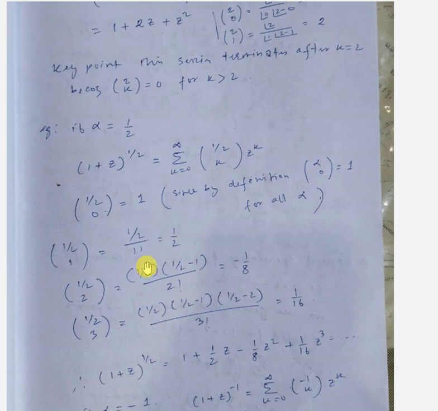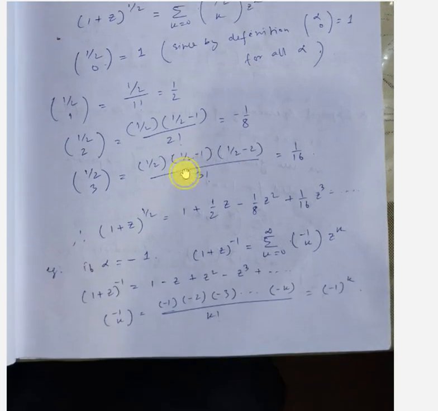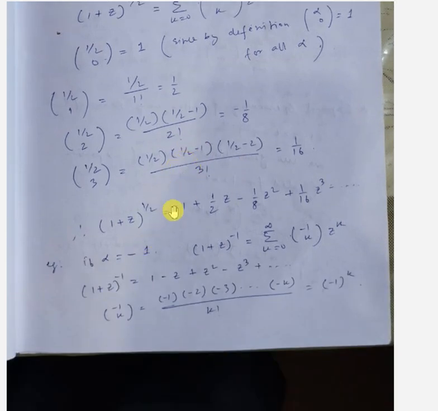Then next, half choose 2, so half minus 1 divided by 2 permutation. Then half minus 1, half minus 2 divided by 3 permutation. So (1 plus z) to the power half will go up to infinity.